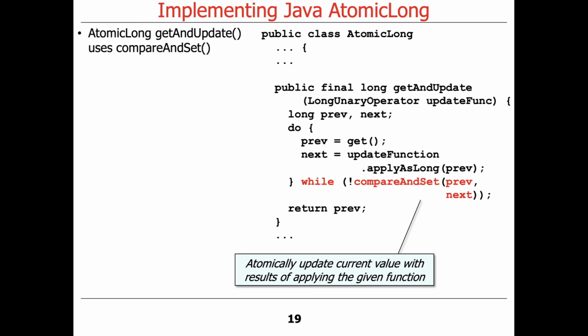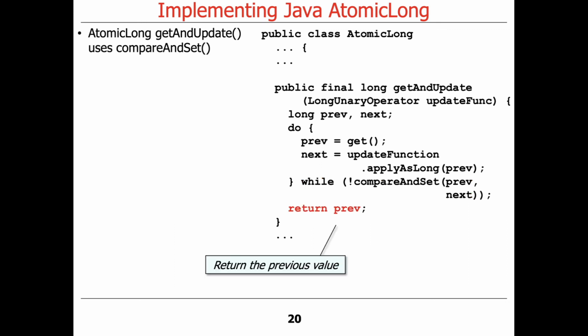Because when they go to read the value and then try to update the value, it has already changed because someone else snuck in and updated it. So the lesson to learn from this is that atomic operations work really well when there's very little contention. But when there's lots of contention, they may not work so well because you'll spend a lot of time spinning neurotically and not actually getting anything done.